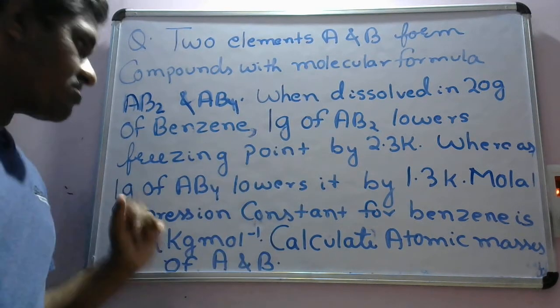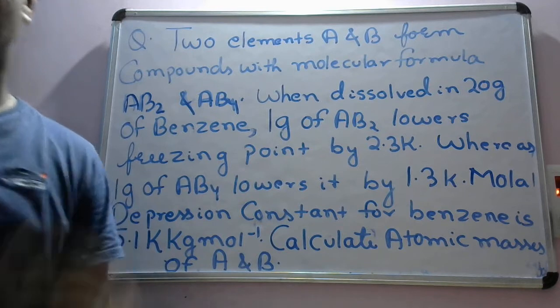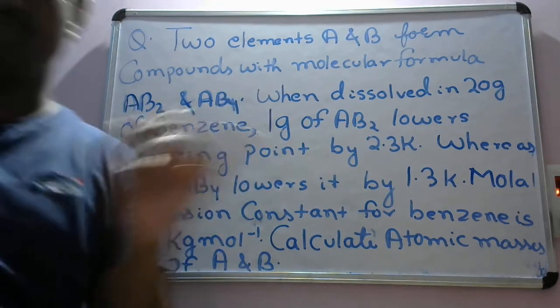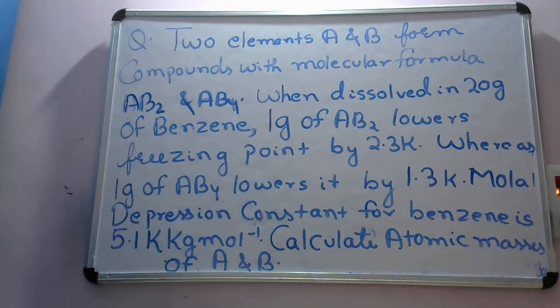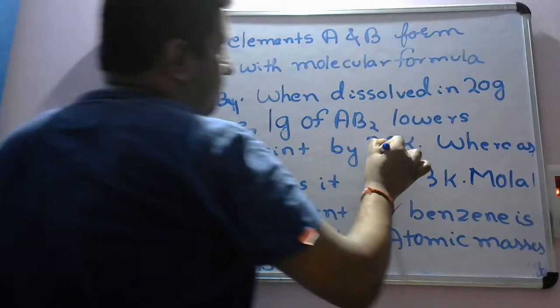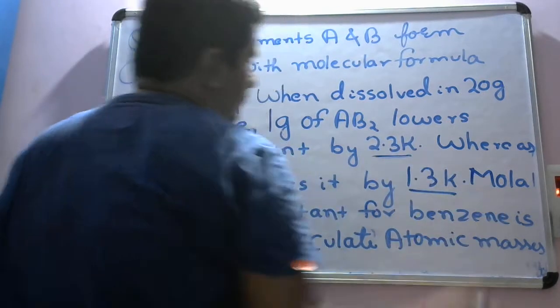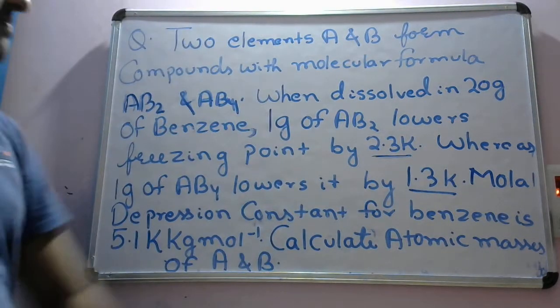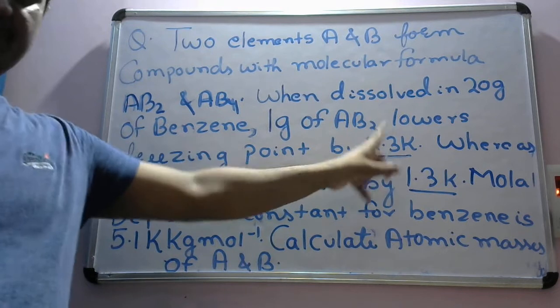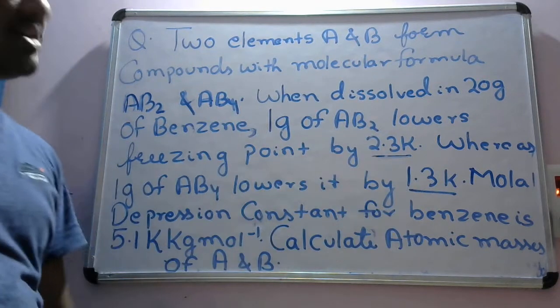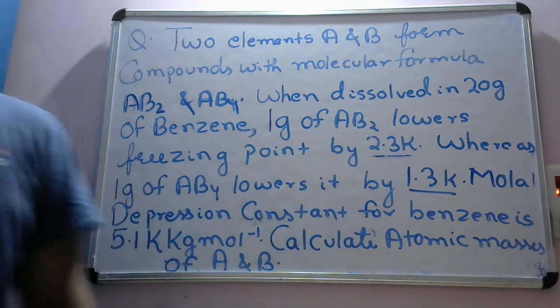So what is different? The difference is in the depression in freezing point. When AB2 is added there is one depression, and when AB4 is added there is another.